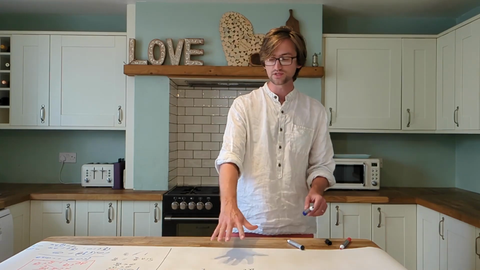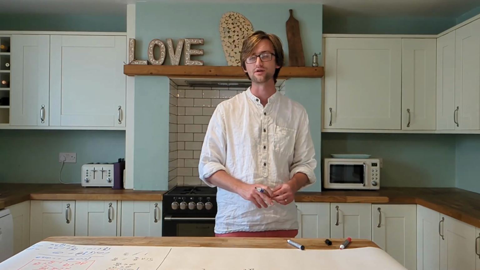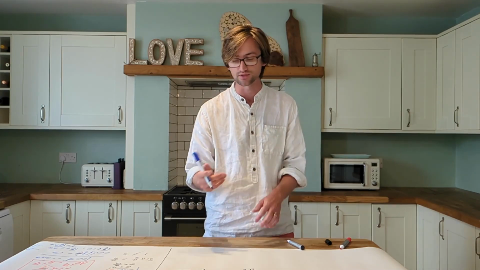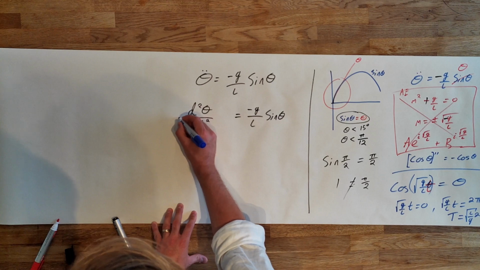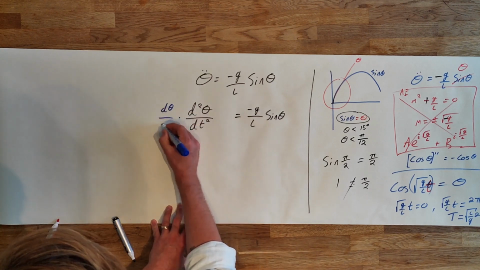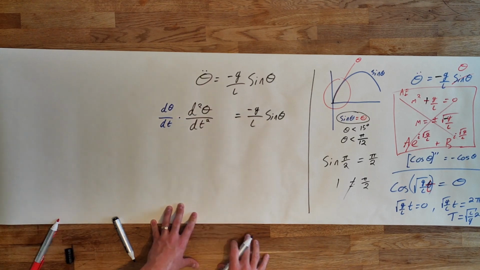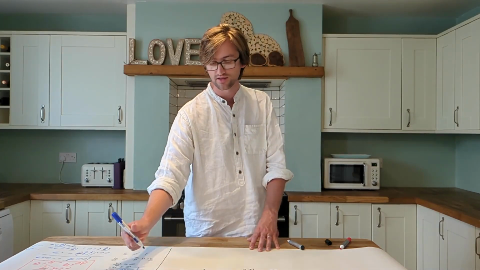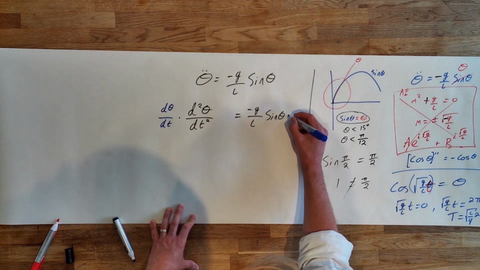And in order to solve this differential equation, I'm going to need to multiply it by something to help myself out. And in fact, the thing that I'm going to be multiplying this one by is going to be d theta dt. And what I'm going to be multiplying this one by is also d theta by dt.